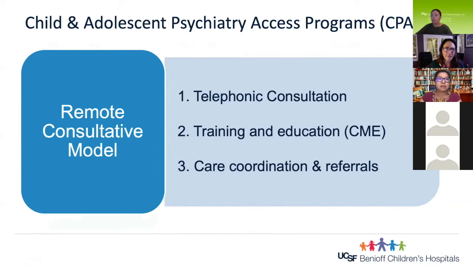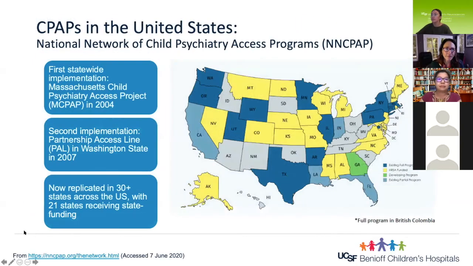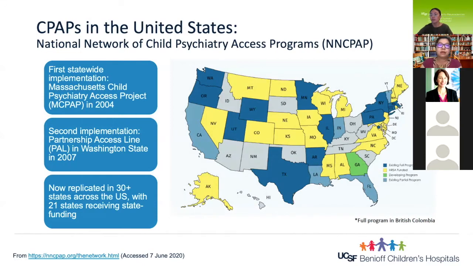Next slide, please. This is a map of the US showing all of the different types of child access programs available in each state. These programs have become quite widespread and very popular.